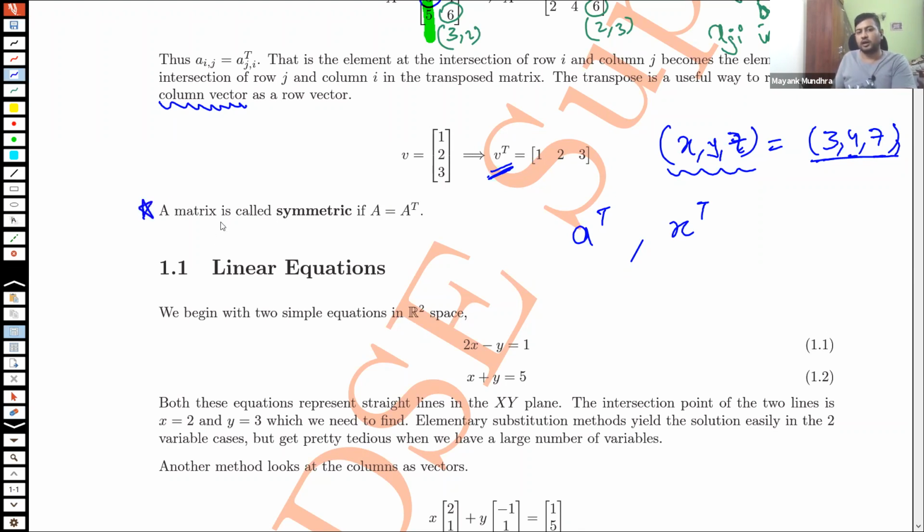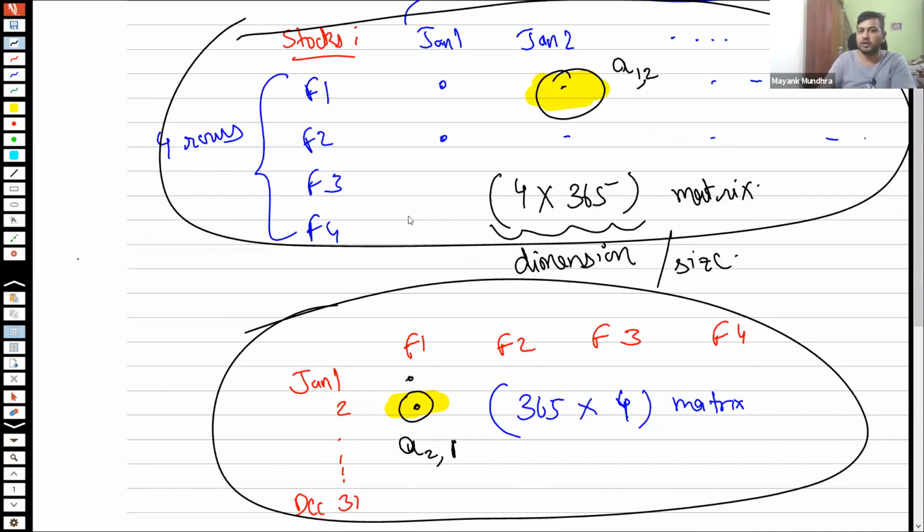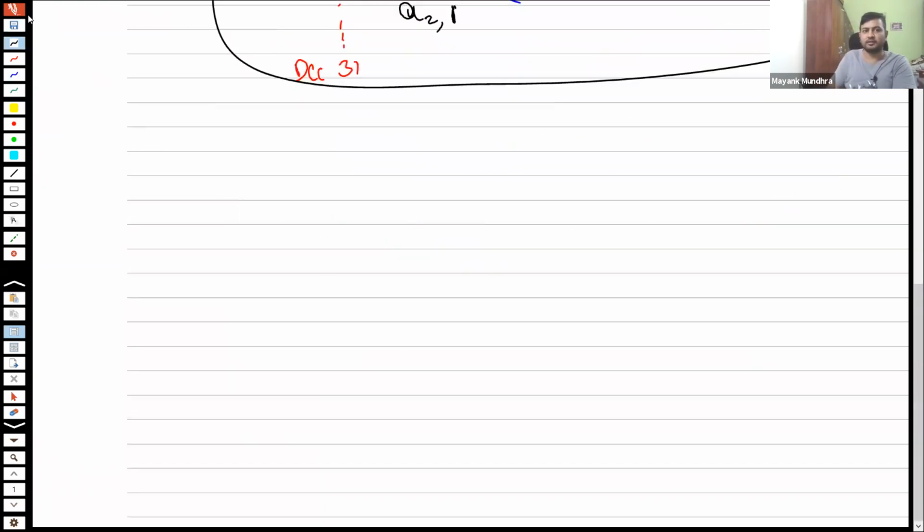Also, a matrix is called symmetric if A equals A transpose. Okay, so a matrix A is symmetric if and only if A equals A transpose.